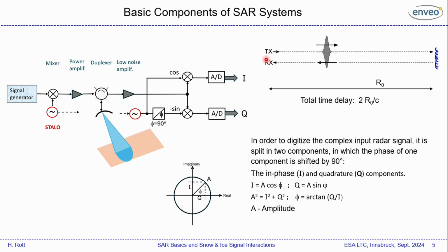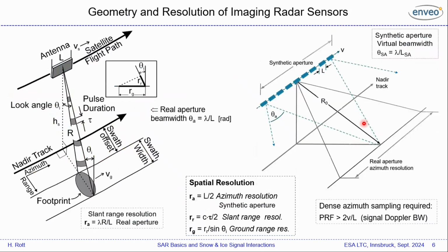What I didn't mention is that, of course, the distance depends on the time delay, which is sent out here and reflected, and the signal which is received depends on the distance, which is deduced from the time delay, which is 2 times the distance over the propagation velocity. I will come back to this complex signal later on when we talk about interferometry.